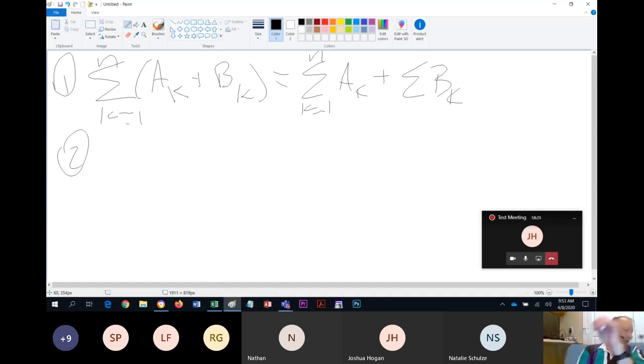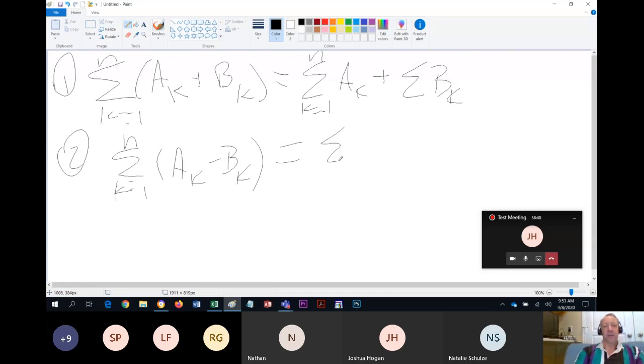Rule number 2 says that if I have the sum from k equals 1 to n of a sub k minus b sub k, so we're subtracting instead of adding this time, you can do the sum from k equals 1 to n of a sub k minus the sum of b sub k, k equals 1 to n. Essentially, you can think of that as the distributive property.